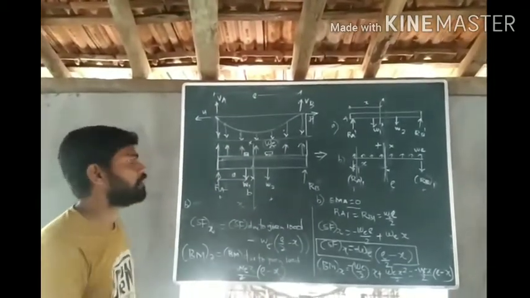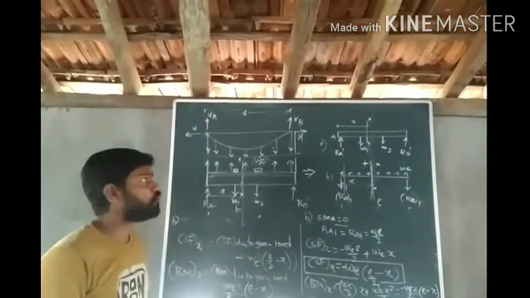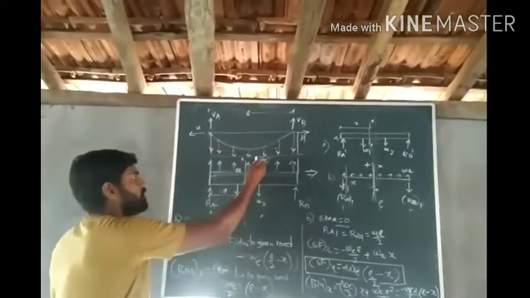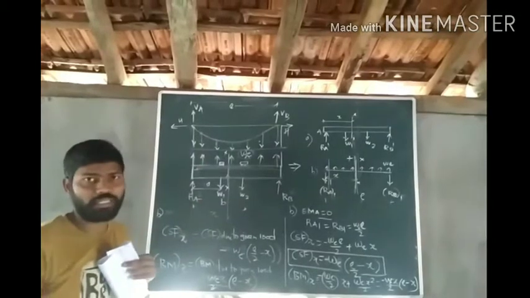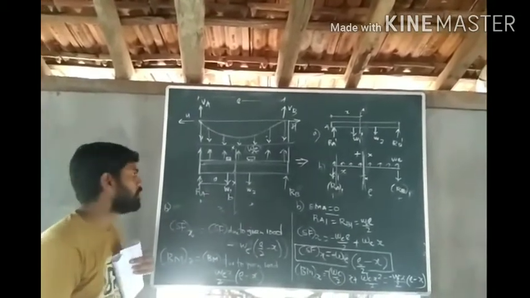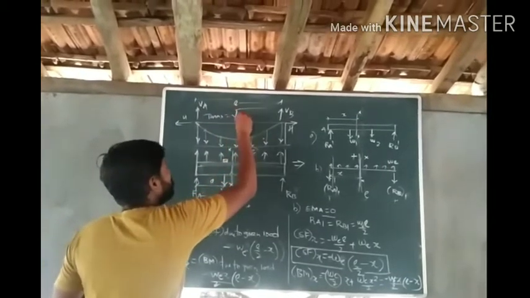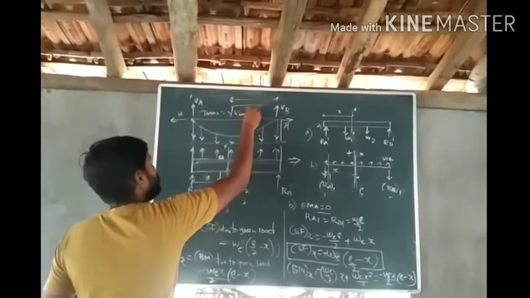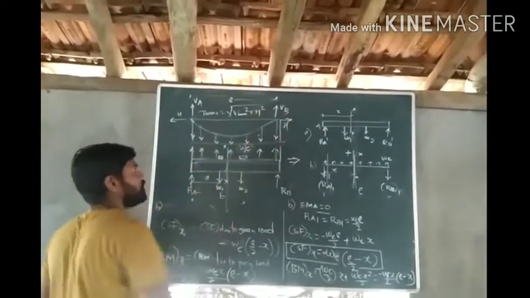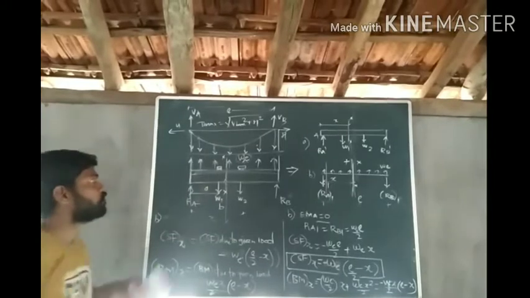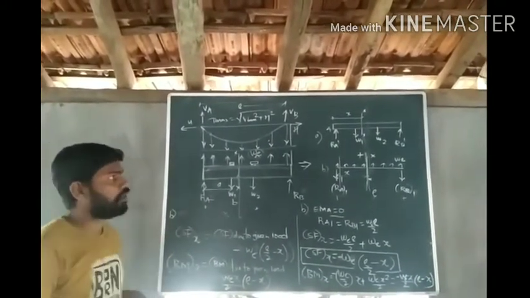VA can be calculated as WL by 2, VB will also be WL by 2. Suppose they ask to find out the maximum tension in the cable, so Tmax formula is also there. It is under root Vmax square plus H square. So Vmax is nothing but WL by 2, that is equal to VA. Okay. So this is how you have to solve this numerical.